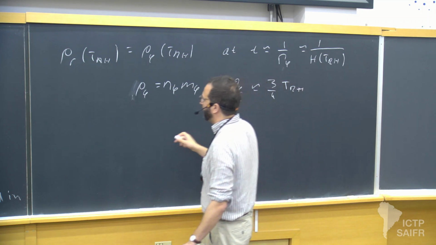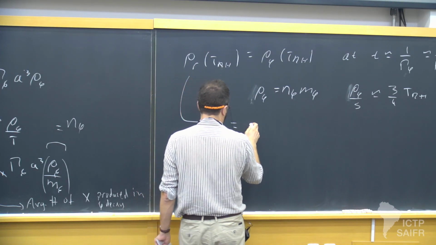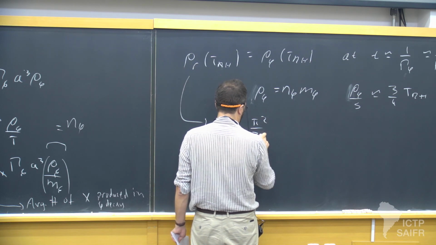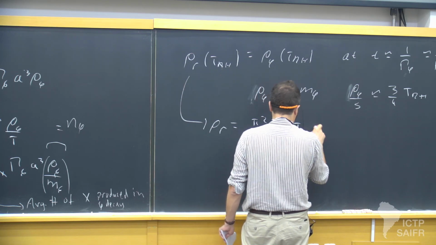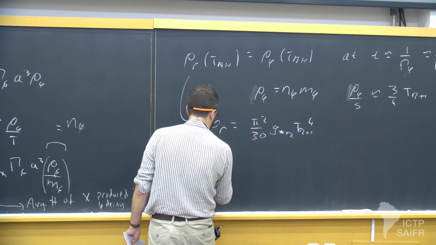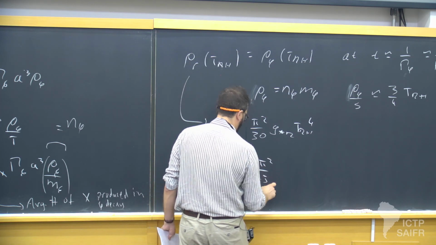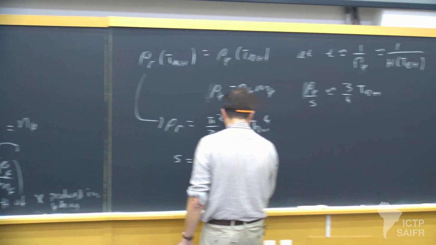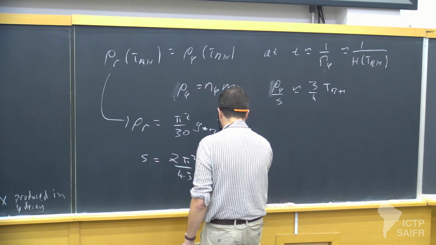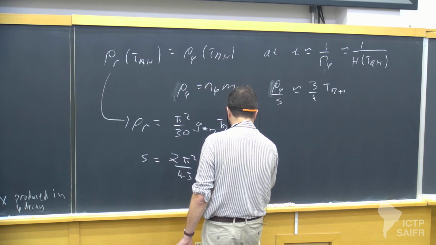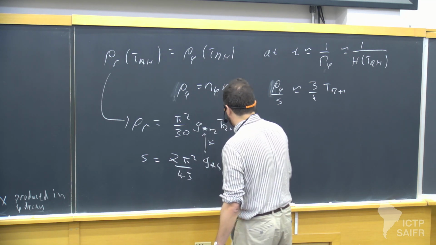For this, you just use the fact that rho radiation is pi squared on 30 g star radiation T reheat to the 4, and s is this, with one less power of temperature and a slightly different prefactor, so that's where you get this 3/4. Okay, and assuming that these are approximately the same, okay?